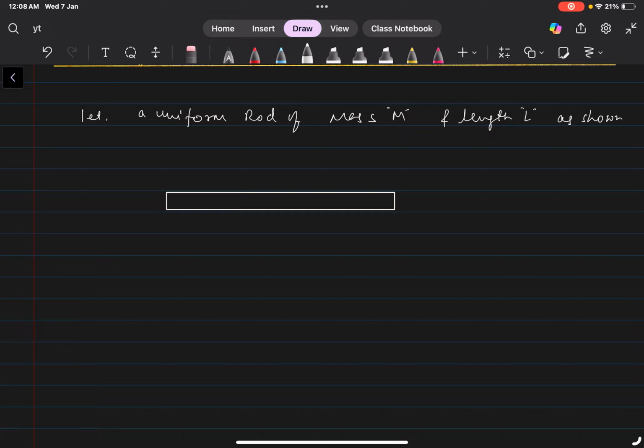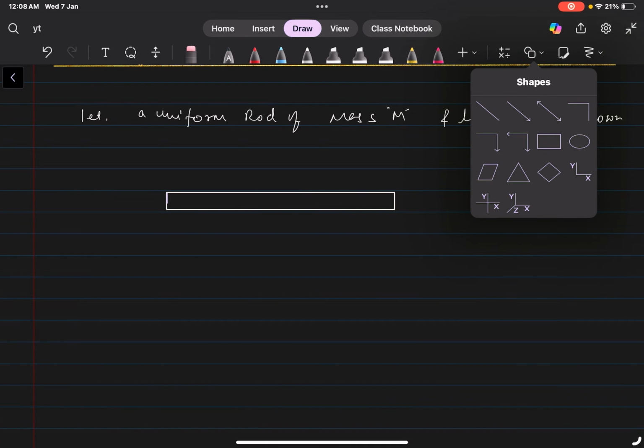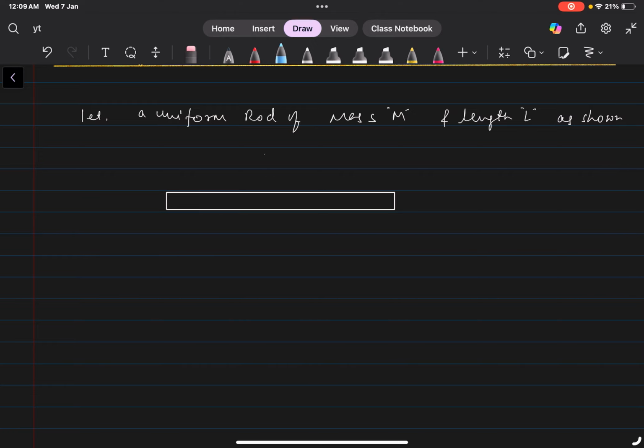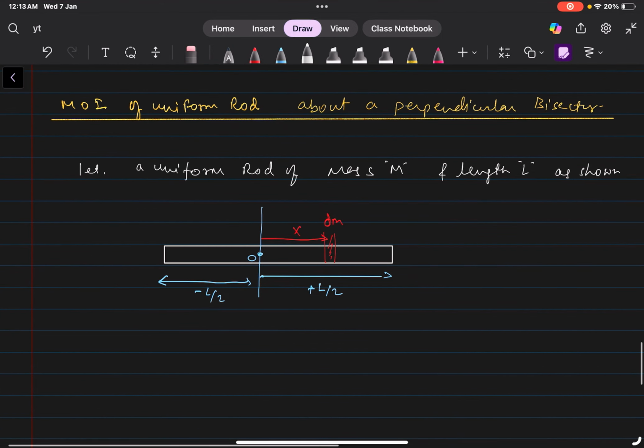Suppose this is the rod and we are talking about the perpendicular bisector. From this point O, at a distance x, I have taken a small element dm, and the whole length is divided into two parts: l by 2 on one side and minus l by 2 on the other.